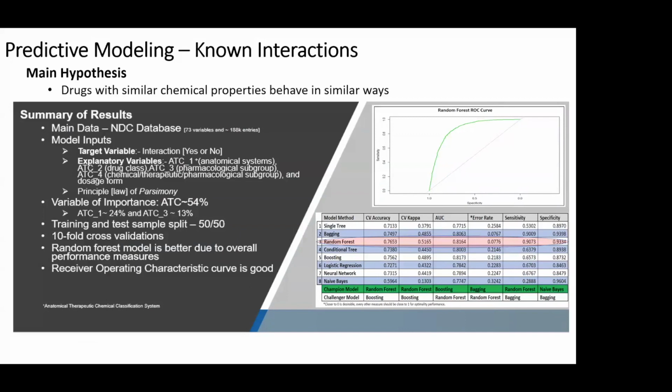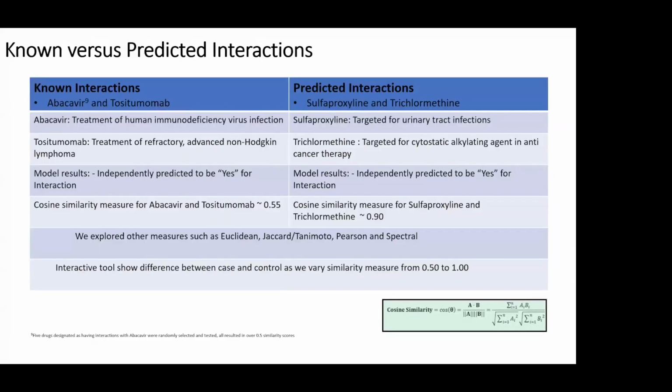Now, at this stage, what we've done is to predict, at the individual generic name level, which particular drug is going to interact or not. We are yet to determine which drug they interact with. So in order to do that, we went ahead and employed similarity measures.